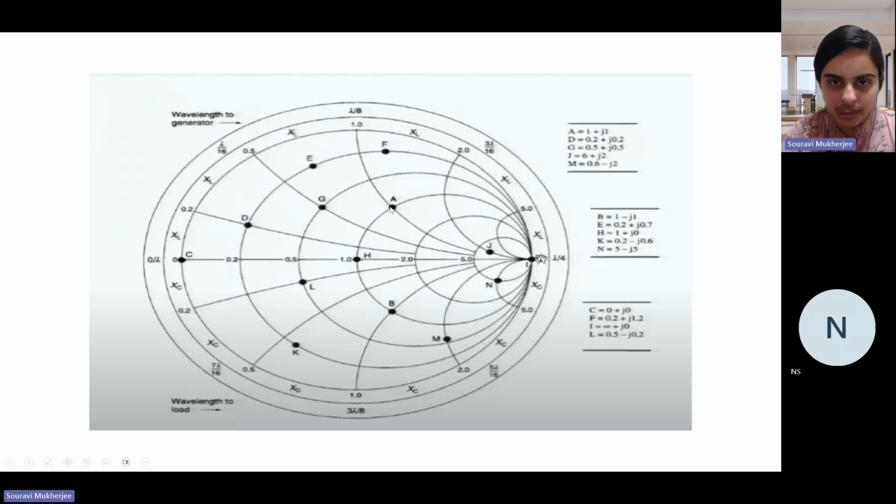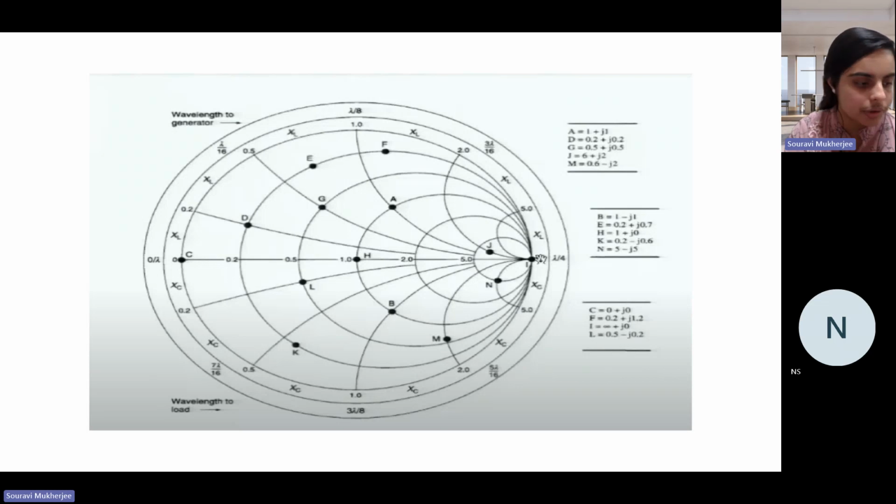And somewhere here, if you look at 1 plus J1, what kind of phase difference are you getting? There is a change from plus to minus in your plane, and that tells you that this is an inductive load, while this is a capacitive load.